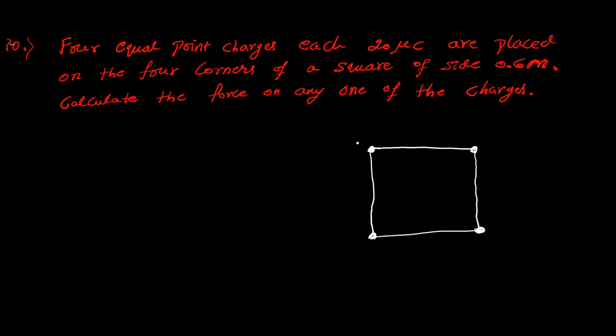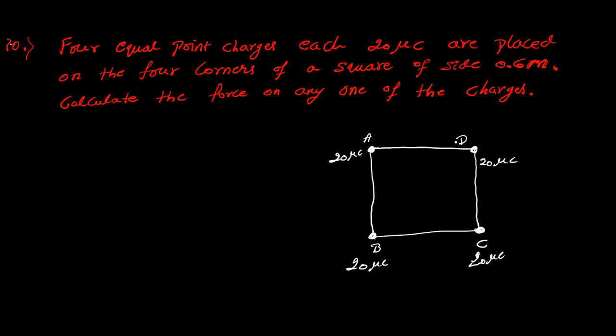I'll name the points A, B, C and D. All the charges are the same, 20 microcoulomb each. What we have to find is the force on any one of the corners.